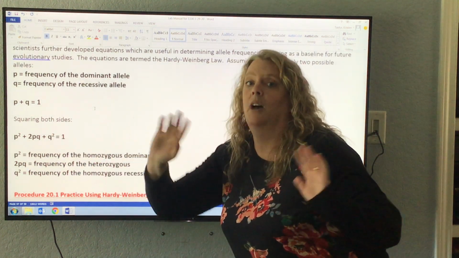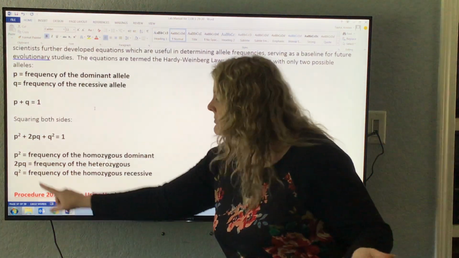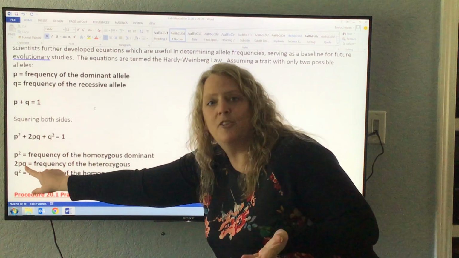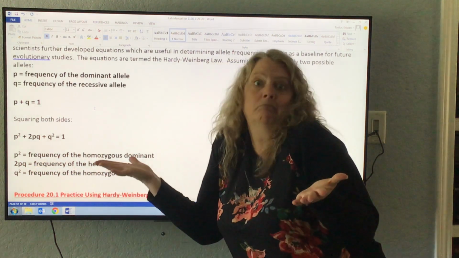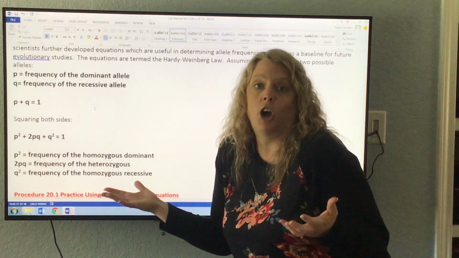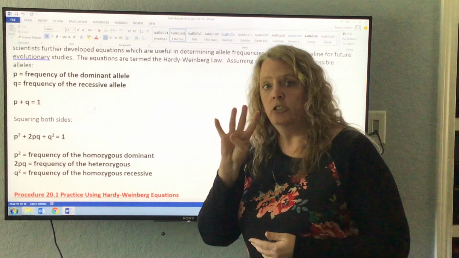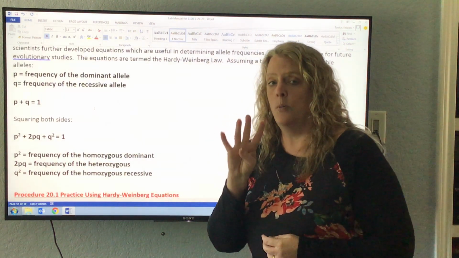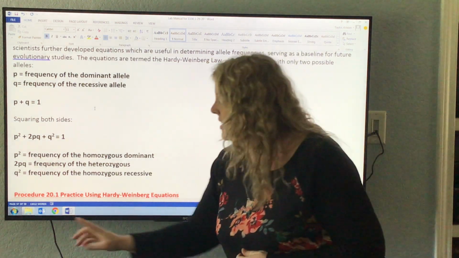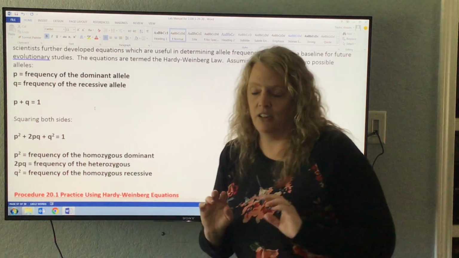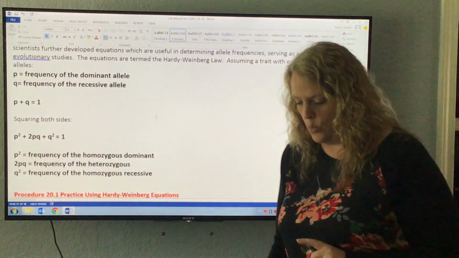Some of them could be homozygous dominant, that's p squared. Some will be heterozygous. How many? We don't know at this point. What we do know for sure is that those 4 people who are homozygous recessive will equal q squared. But it's not q squared equals 4.